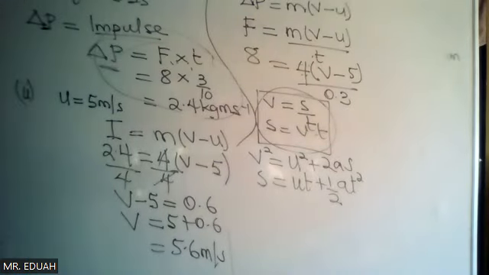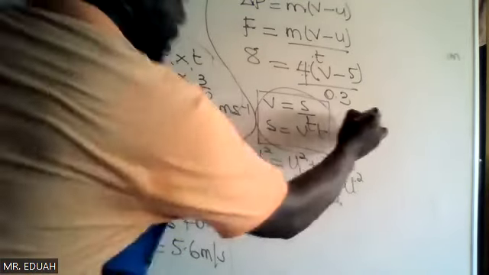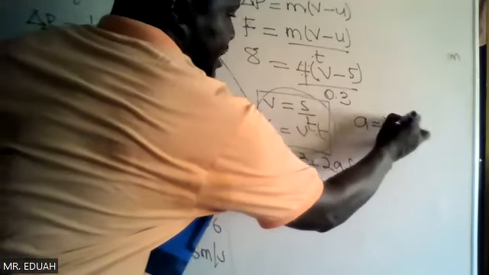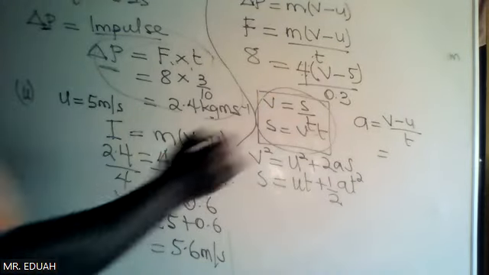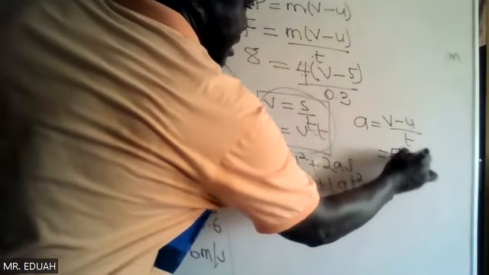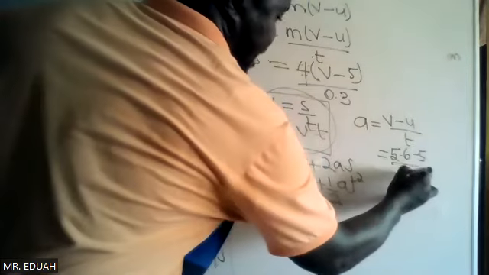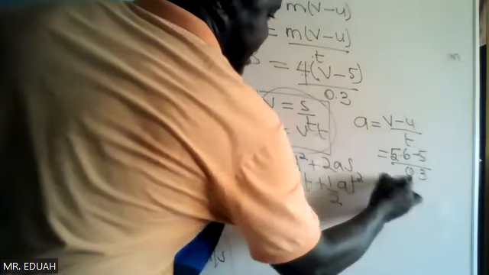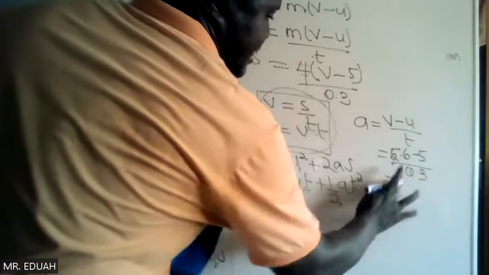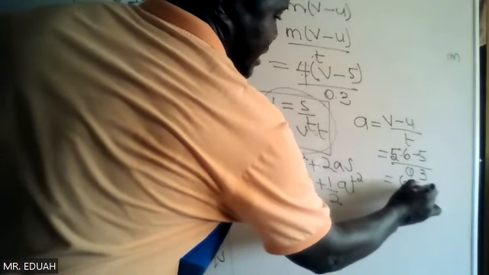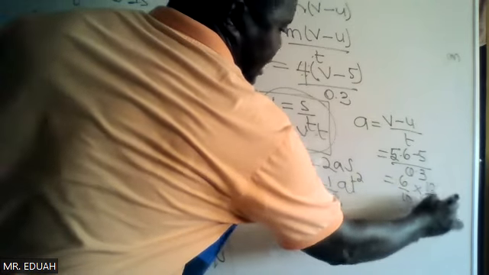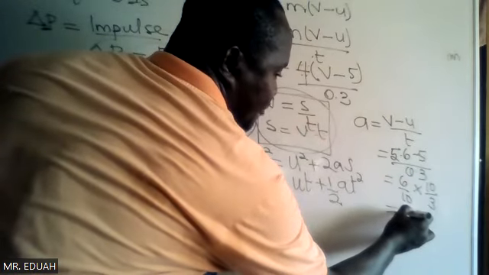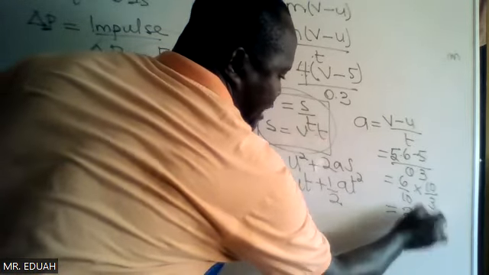Okay. Yes, please. All right. So let's find the acceleration of the body. A is equal to V minus U on T. Therefore, we have 5.6 minus 5 divided by 0.3. And this is 0.6, that is 6 on 10, divided by 3 on 10. The acceleration of the body, therefore, is equal to 2 meters per second squared.